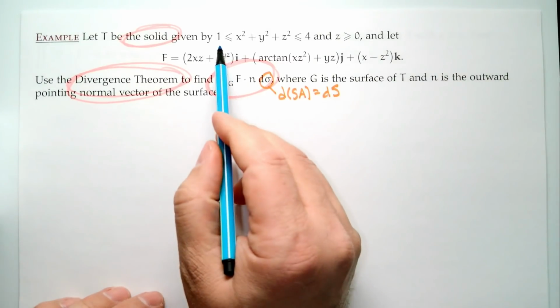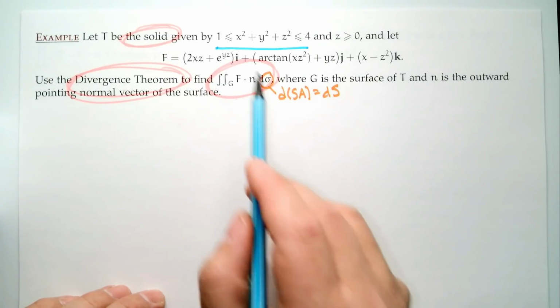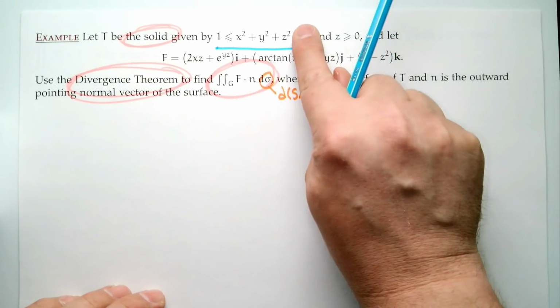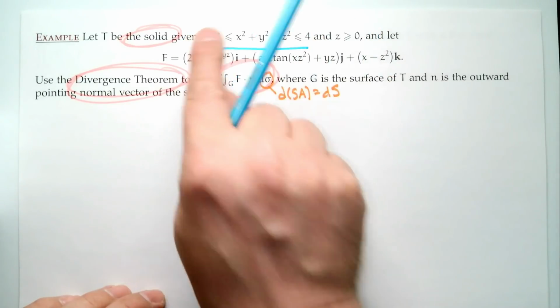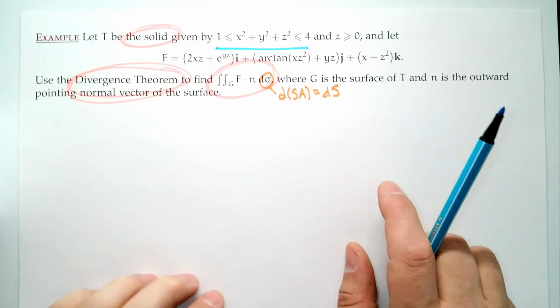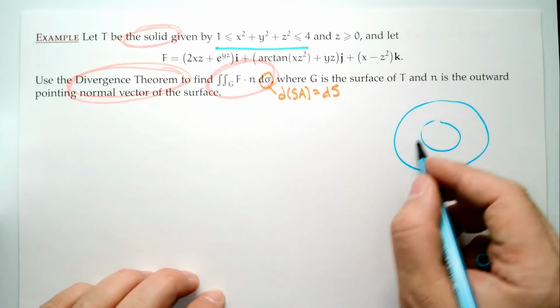Do you recognize what this looks like? 1 less than or equal to x squared plus y squared plus z squared less than or equal to 4. Yeah, it's a sphere and a sphere. So if you just look at that, that says I'm outside the sphere of radius 1. And then if you look at that, I'm inside the sphere of radius 4. So I have a sphere inside another sphere.